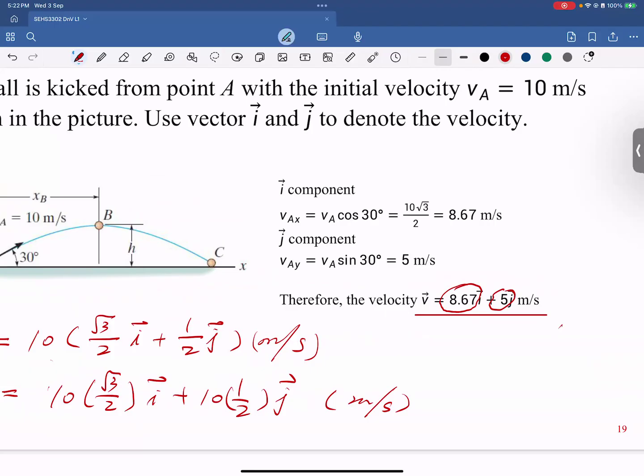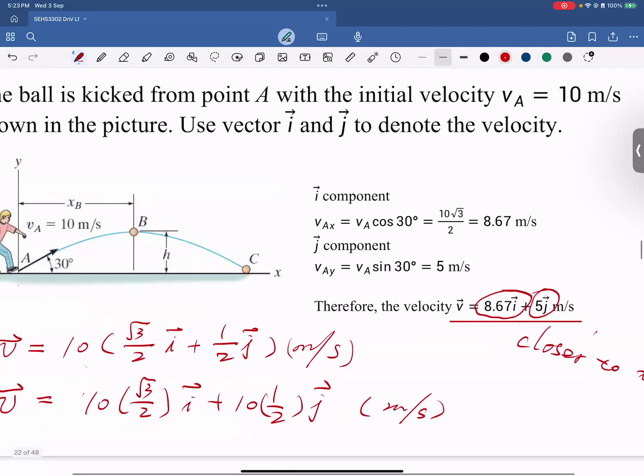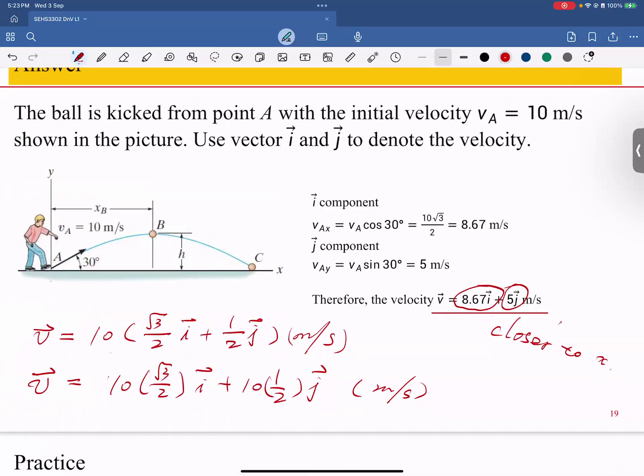It means along the i direction it is larger, along the j direction it is smaller, right? It means this direction is closer to x, right? Closer to x. So it can help you to simply check your answer.